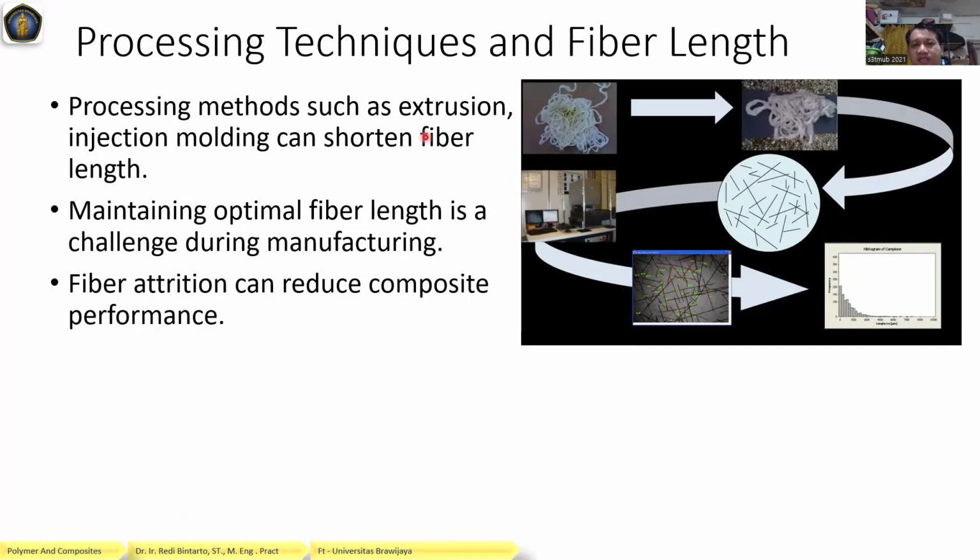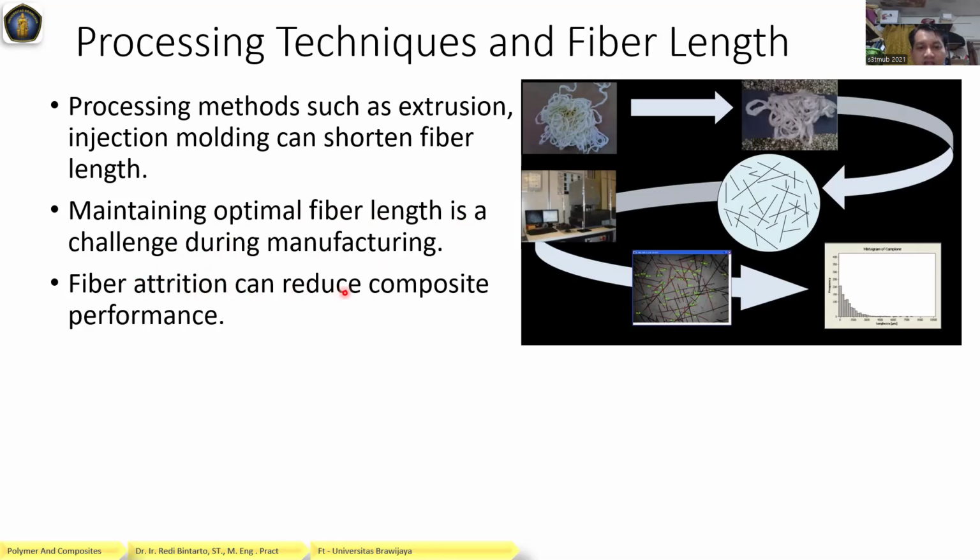This is the processing technique and fiber length. Processing methods such as extrusion and injection molding can shorten fiber length, because when they process the extrusion, some fiber may get force and break. Maintaining optimal fiber length is a challenge during manufacturing.